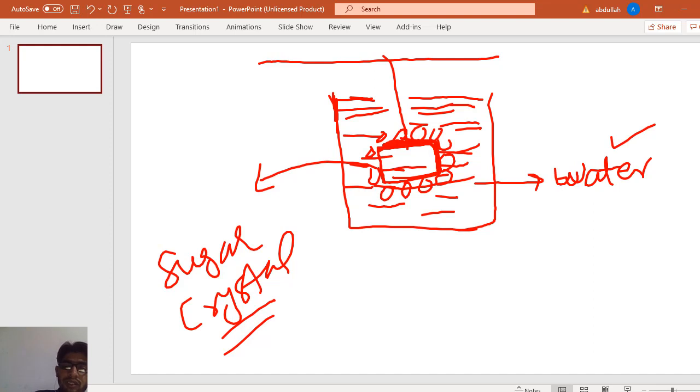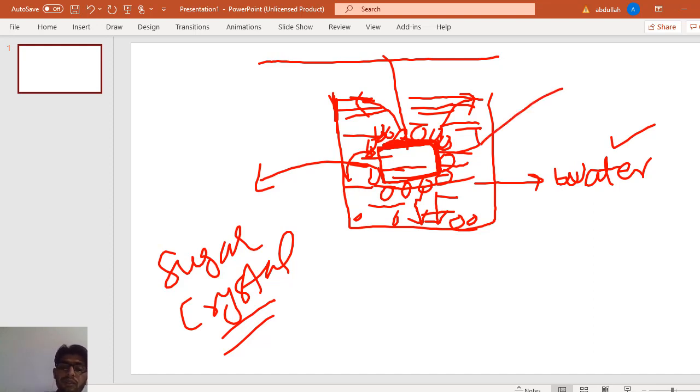As we increase the depth or height, the sugar concentration in the water will decrease. So due to the concentration gradient, the sugar solute molecules will be transferred from the higher concentration region to the lower concentration region in the water, and due to this concentration gradient, mass transfer will take place in the beaker.